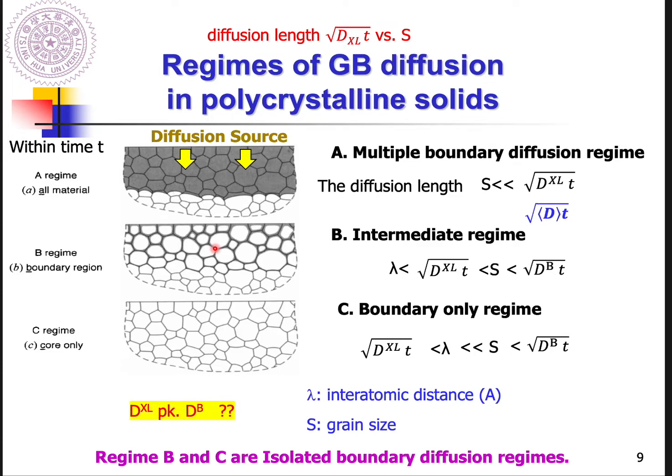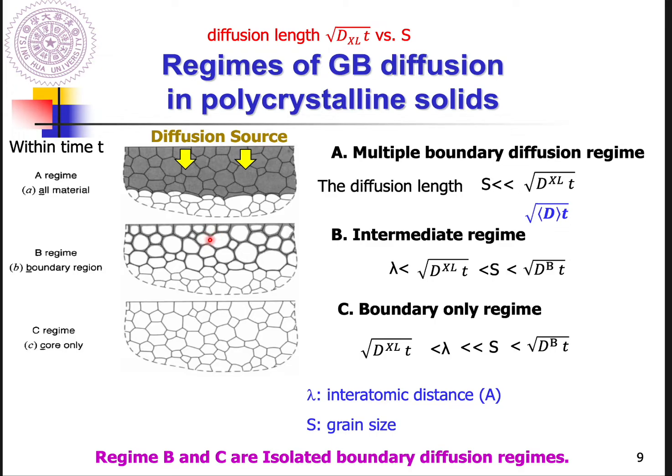And the B region: actually the pattern is totally different from region A, right? The diffusing agent diffuses through the grain boundary, and also jumps into the grain and diffuses into the grain.